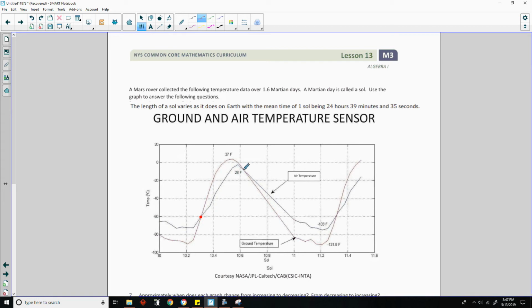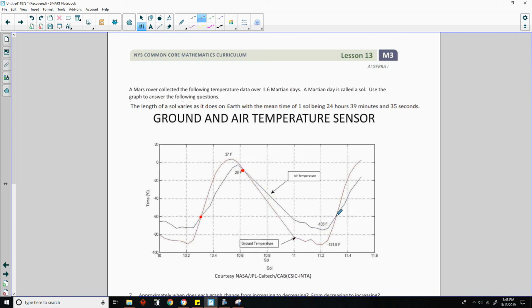And then right here, at just over 10.6 sols, the air and the ground temperature was around negative, I don't know, 10 degrees.